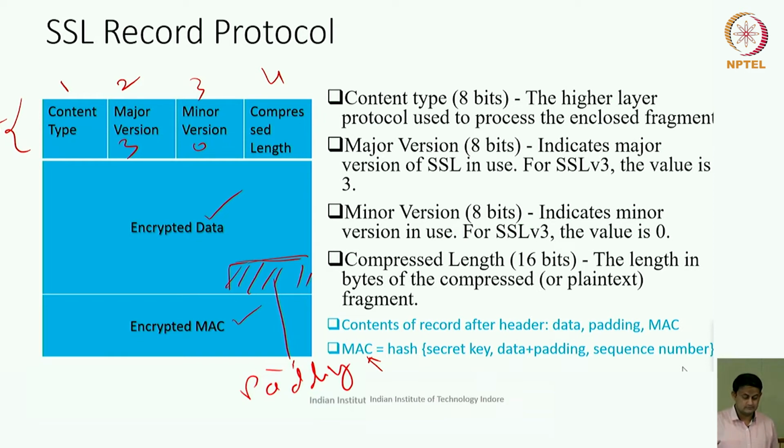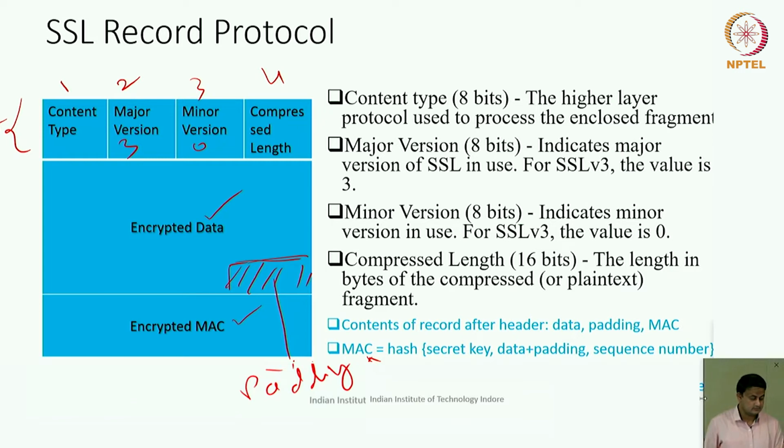So you use this padding, and the MAC is actually calculated using this padded version of the data. It takes these components. One is something called the secret key, and the second one is the data plus the padding that I was talking about, and then the sequence number.